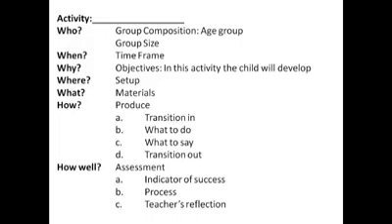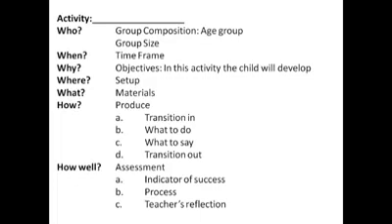Number 1, who? Group composition. A. Specify the age group and number of children. B. Know the children's previous experience in art. C. Know if there are children with special needs. Number 2, when? Time frame. A. Provide sufficient time to complete an activity. B. Provide transition time for wet to dry activity.